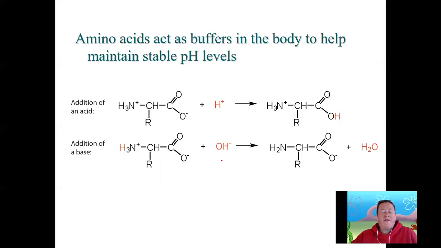On the other hand, if the pH is getting too high and we're ending up with more hydroxide ions, amino acids can act as a buffer to pull hydrogens off and remove the hydroxide from solution so that the pH doesn't get excessively high. So in addition to playing a role in protein synthesis in the body, amino acids also do act as buffers.